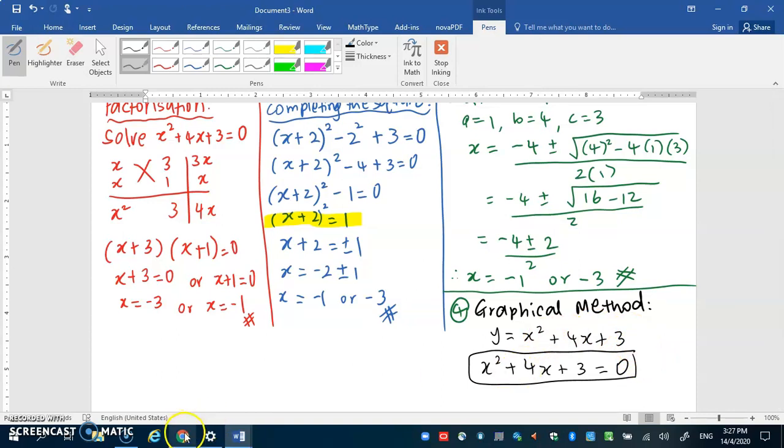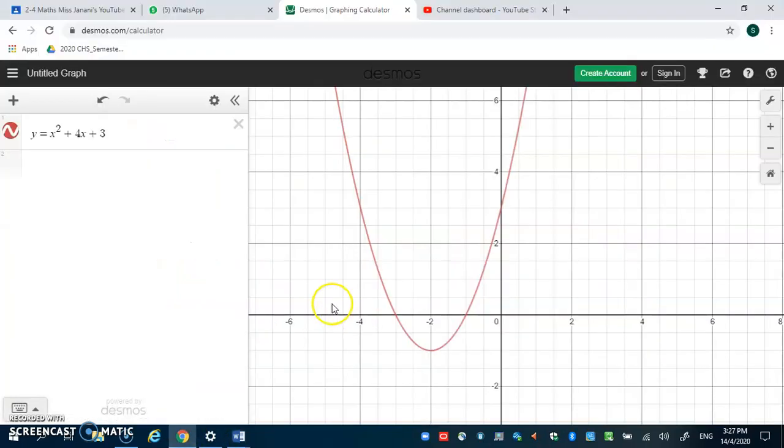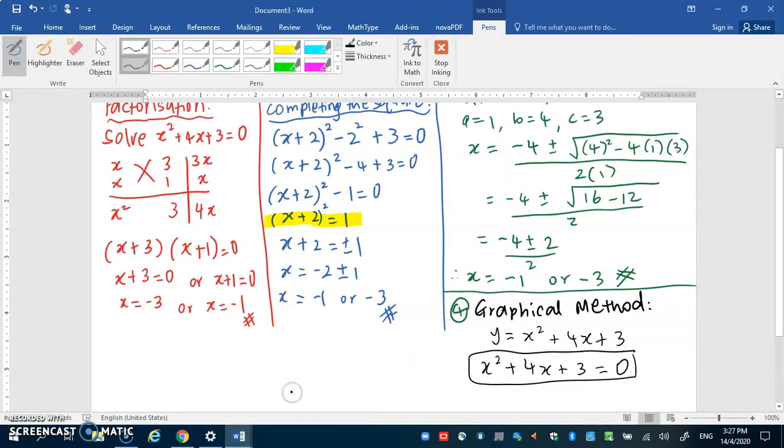If I look at the curve, y will be 0 at this point here and this point here. Am I right? These are the 2 points where y is 0, as you can see from the coordinate here. So what are the values of x when y is 0? X is either -3 or -1, which are actually the two solutions that we found just now, right?